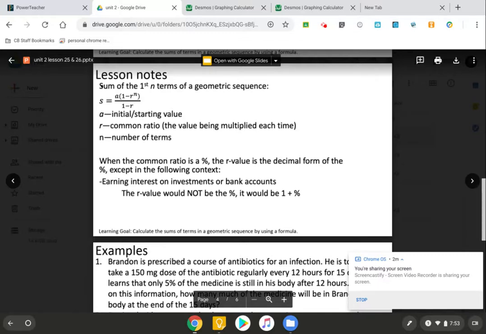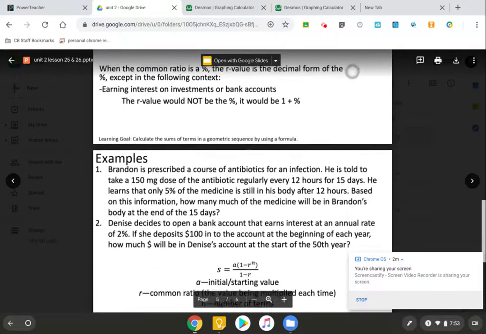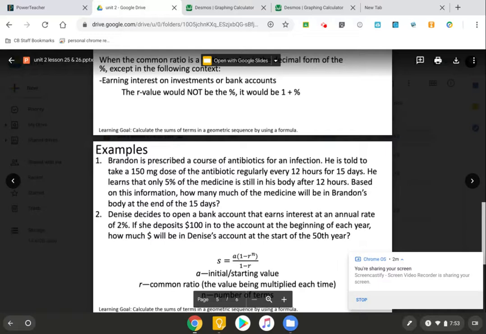So let's take a look at example number 1. Brandon is prescribed a course of antibiotics for an infection. He is told to take a 150 milligram dose of the antibiotic regularly every 12 hours for 15 days. He learns that only 5% of the medicine is still in his body after 12 hours.